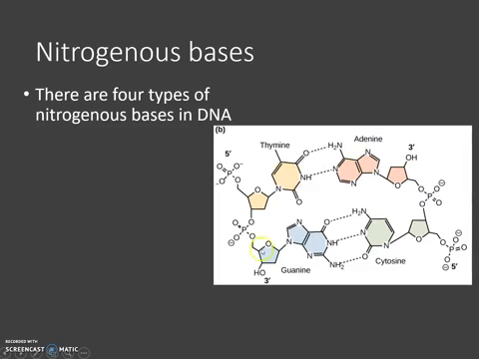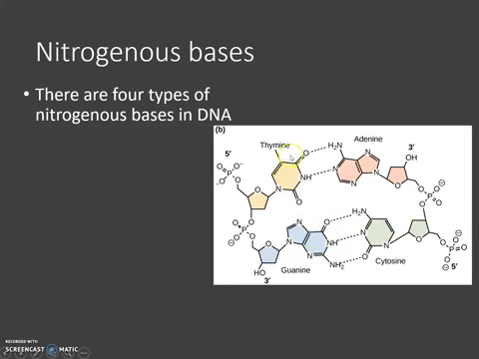We've just got our deoxyriboses and our phosphates here, and the same thing over here. And the bases are either a double ring structure here or a single ring structure here.